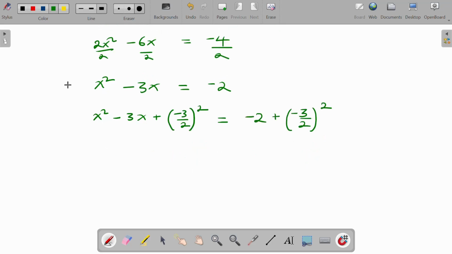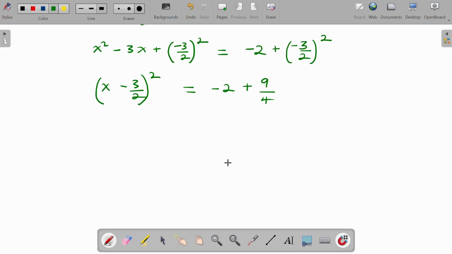So that this side, when we factorize the whole of this, we are going to have x minus the 3 divided by 2, the whole of it squared, equals to our negative 2 plus, when you square this, you're going to have a positive 9 divided by 4.